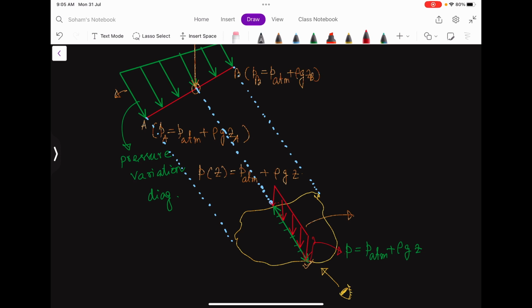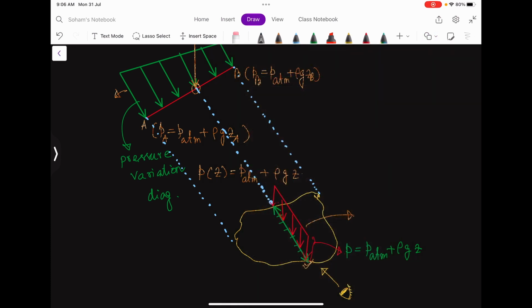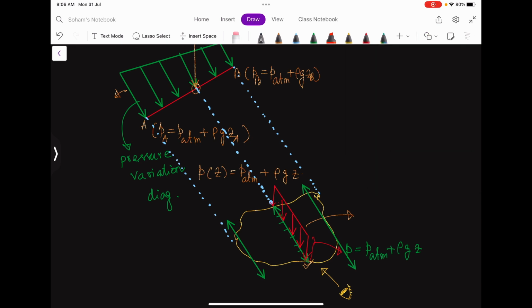And if I draw another line at point A, sorry, at this end, and let me draw another line at this extremum, both extrema will have a similar kind of rectangle, but this side of the rectangle is greater at point A. As we know, the pressure at point A is more.